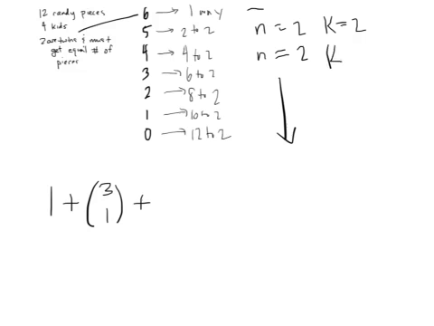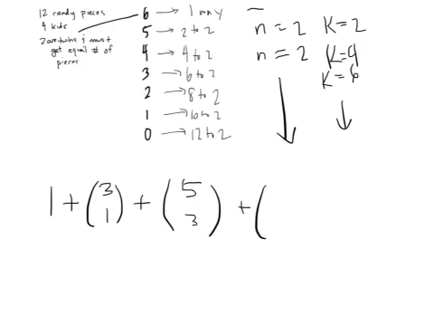And then K is 4, and then K is 6, and so on. These are always going to go up by 2. Do you see that? Each of these is going to go up by 2.